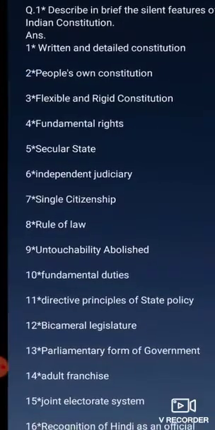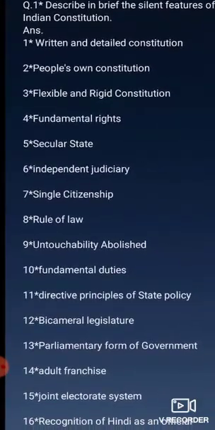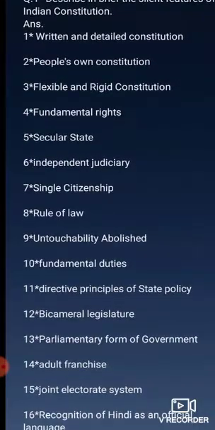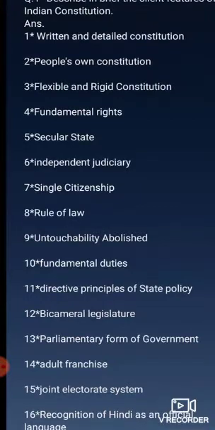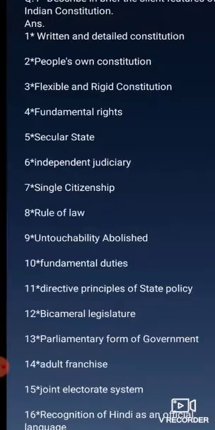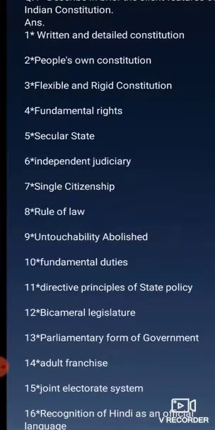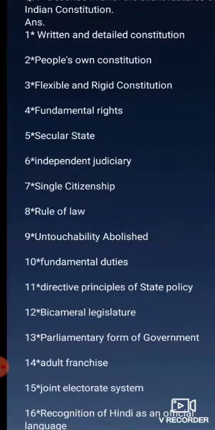Next one is untouchability abolished. Another important feature of the Indian Constitution is the abolition of untouchability, which the Congress for years had been trying to achieve through public enlightenment.